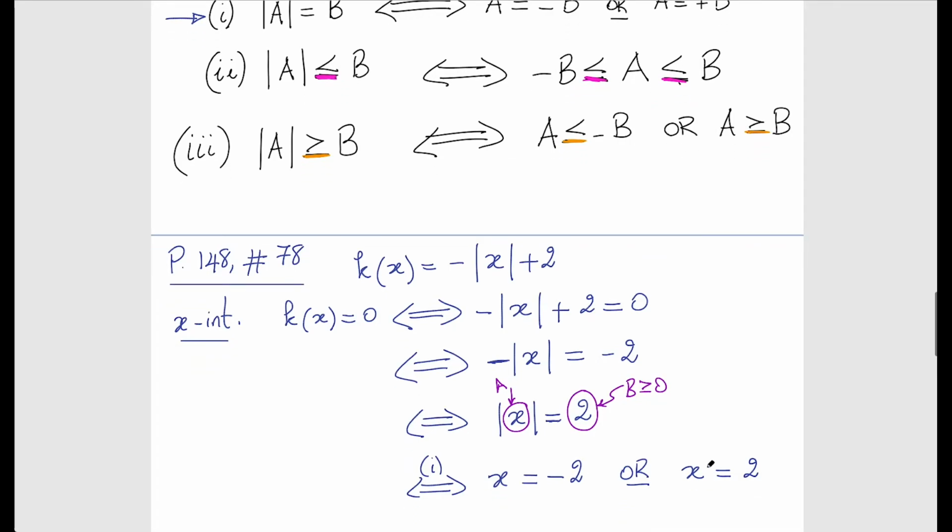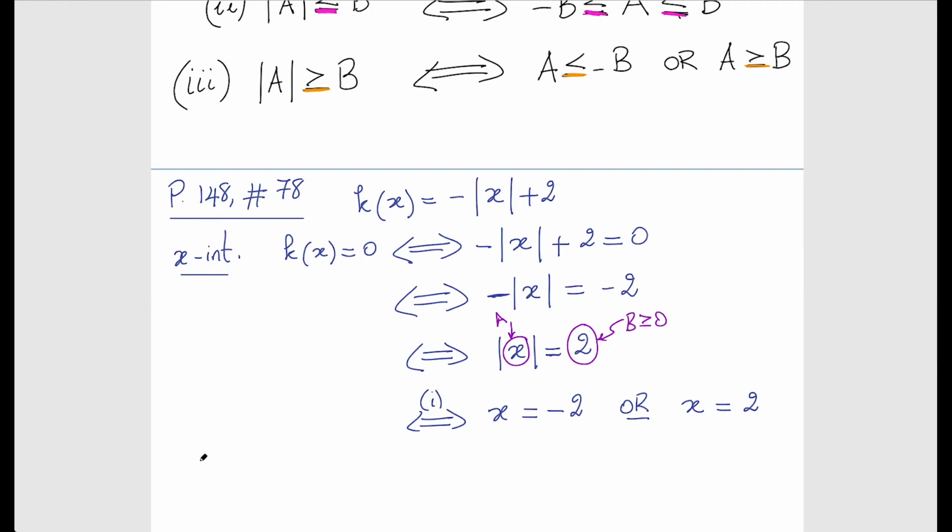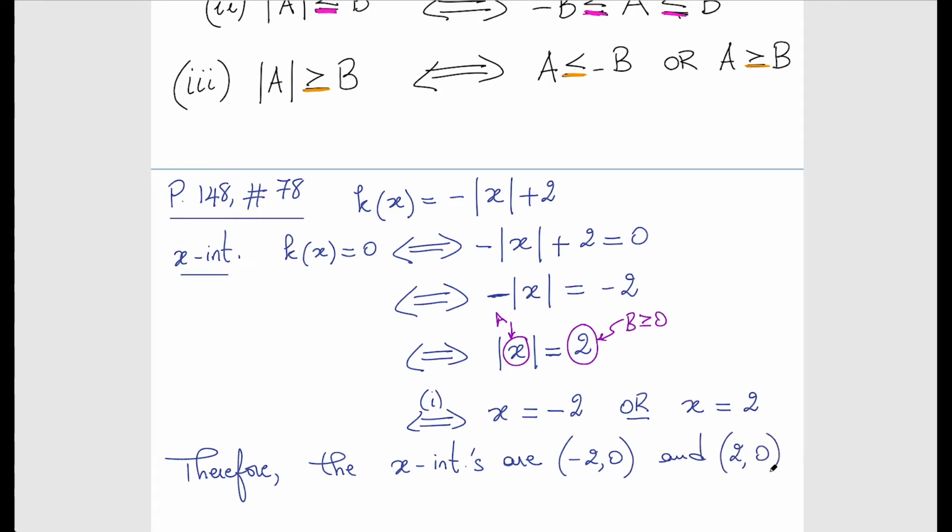So these are the two x coordinates of the x-intercepts. Okay, so therefore, the x-intercepts are -2, 0 and 2, 0, right?